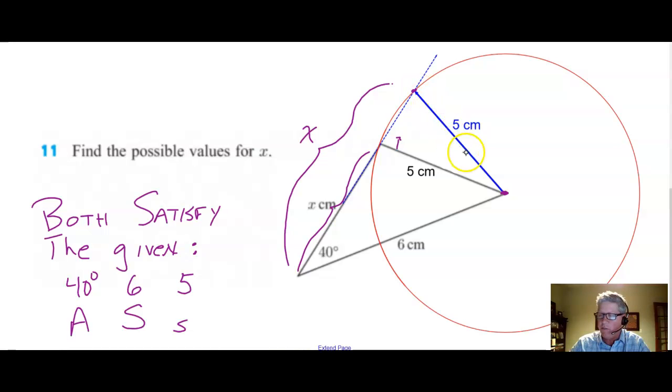It is once again 5, it is again 6, and this is 40. So nothing has changed with the given. The given is 40, 6, and 5. But you can see that there is this triangle and there is this triangle that actually satisfies that.